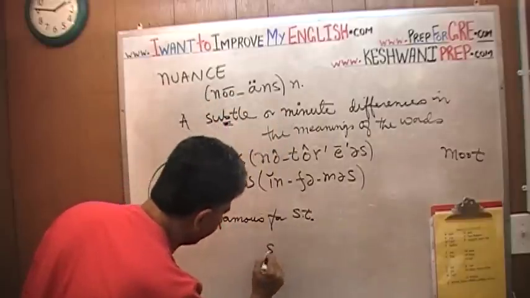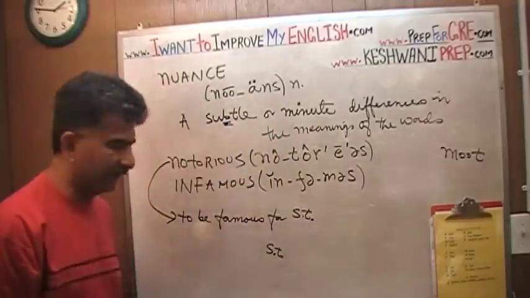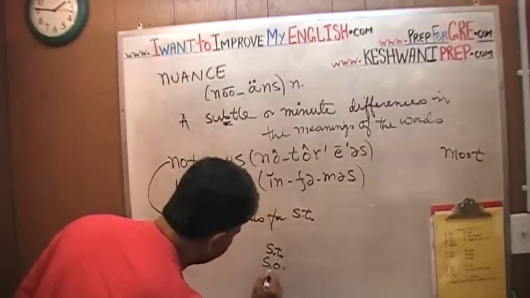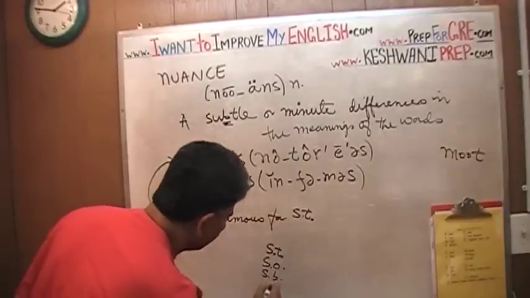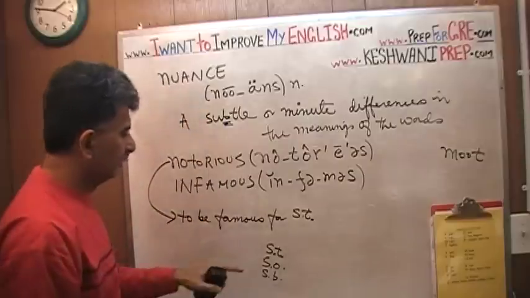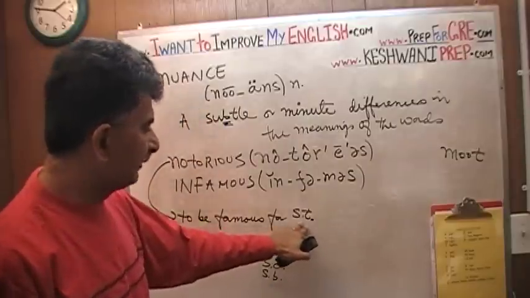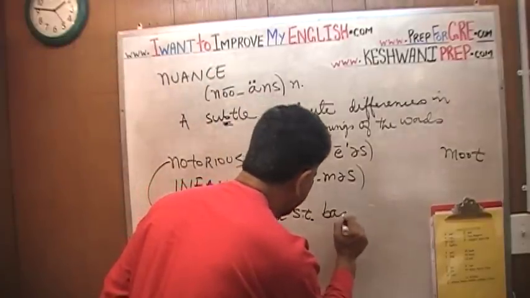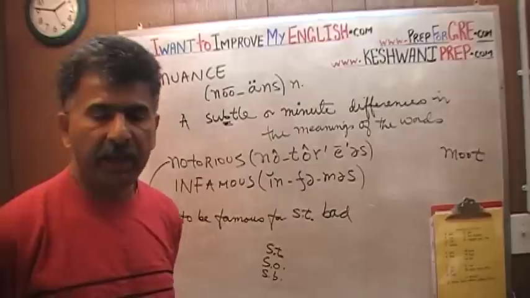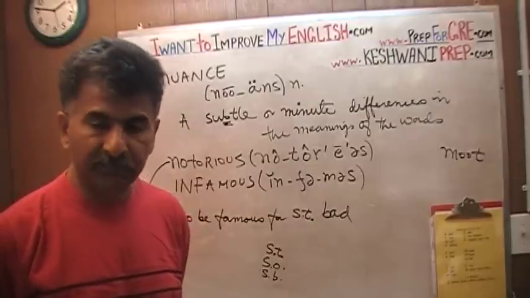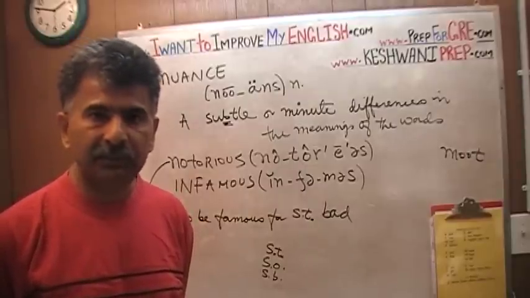S.t. means something; s.o. would be someone, somebody, and so on and so forth. To be famous for something bad. To be famous for something horrendous, something horrible, something terrible.